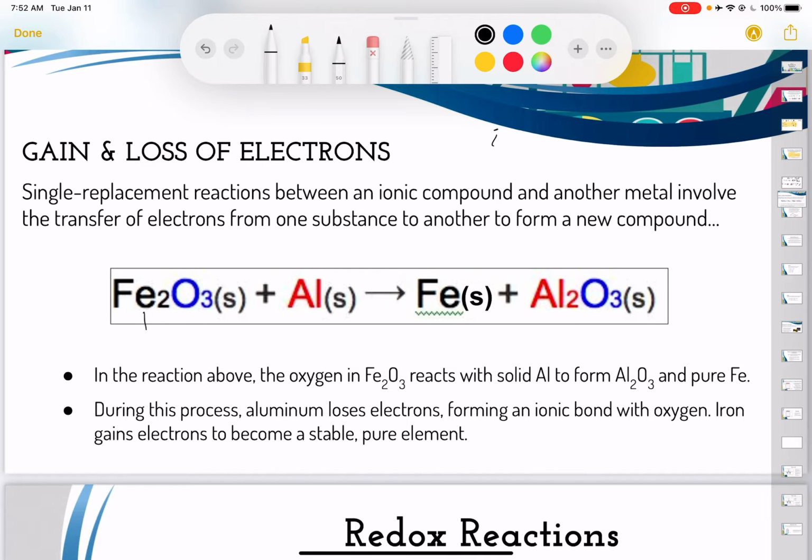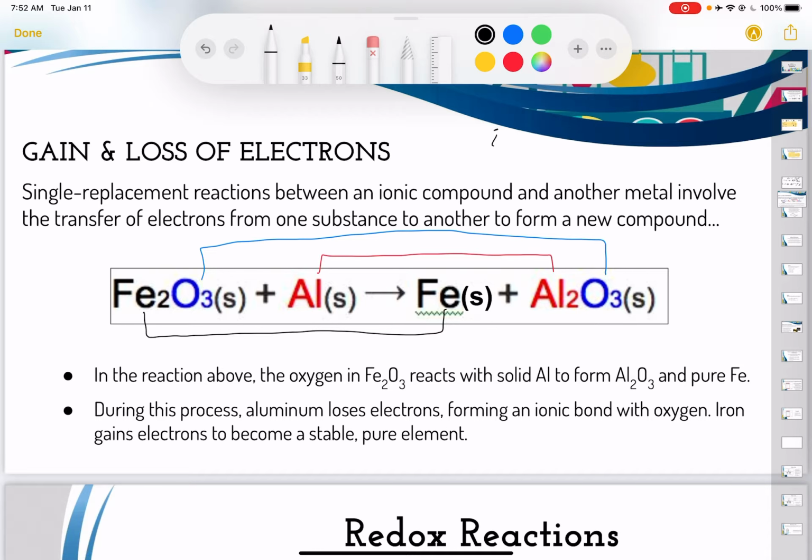So this is iron, and we're going to look at iron from one side to the other. We're going to also look at oxygen from one side to the other, and aluminum from one side to the other. So we've got to look at those three different elements.